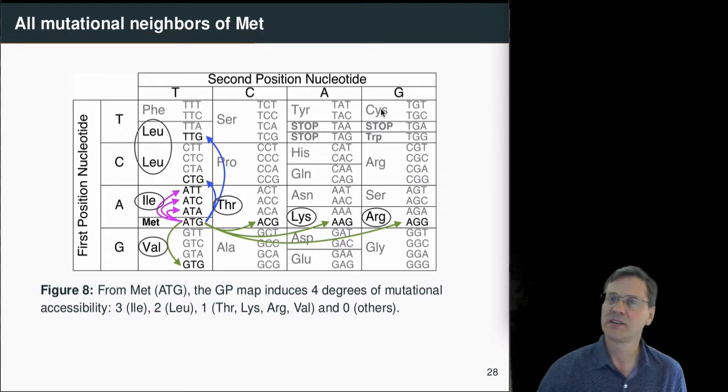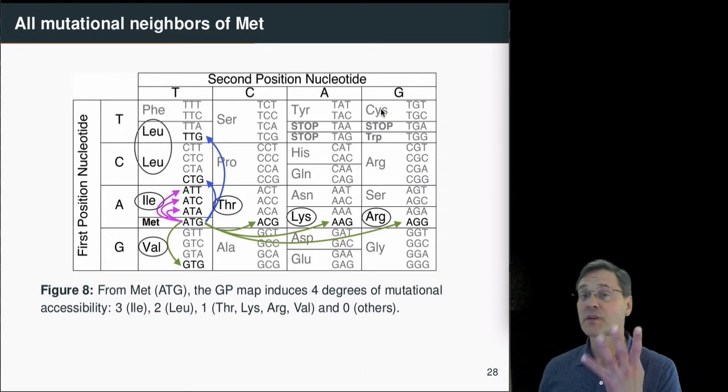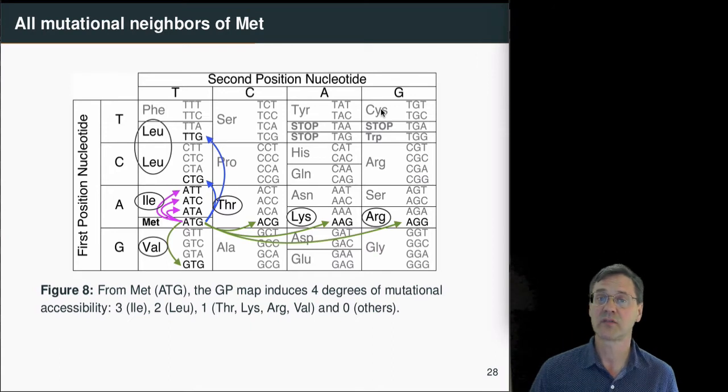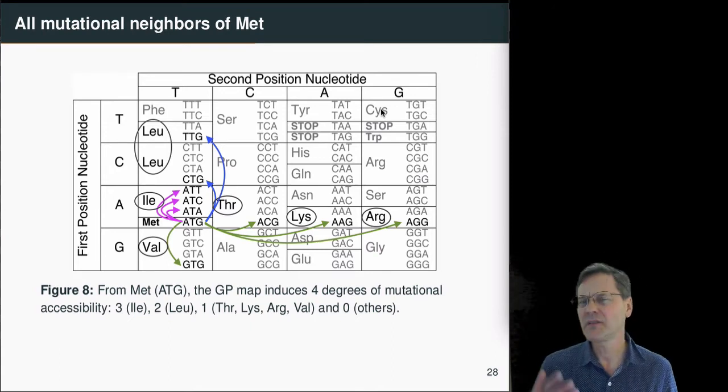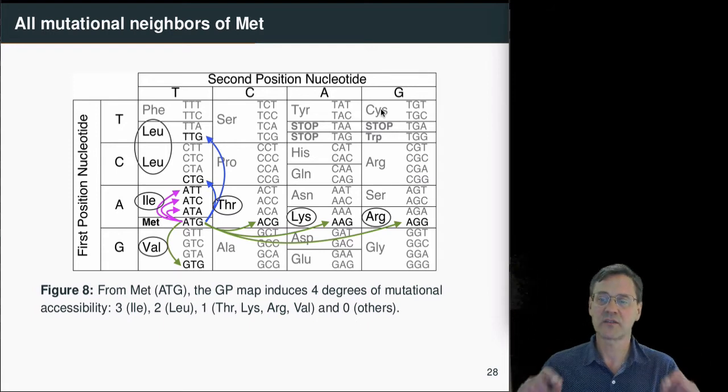So in this way, the genotype-phenotype map induces 4 different degrees of mutational accessibility of alternative phenotypes, starting from the focal phenotype. Even if each rate of mutation from one codon genotype to another is the same, there will be 4 different rates of introduction of alternative phenotypes. So this is the local effect of accessibility, the effect of mutation from.